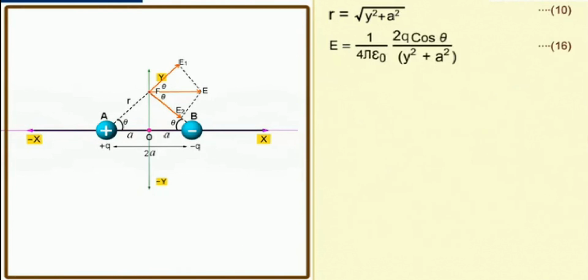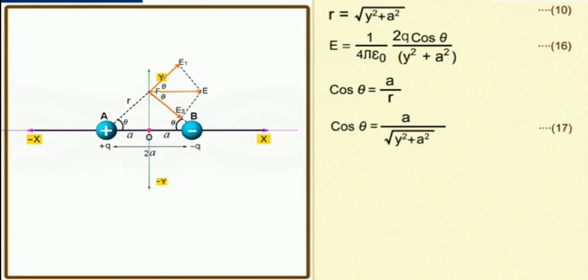From trigonometry of either of the triangles FAO or FBO, we get cos theta is equal to a by r. Substituting the value of r, we get cos theta is equal to a by square root of y square plus a square. Let us label it as equation 17.